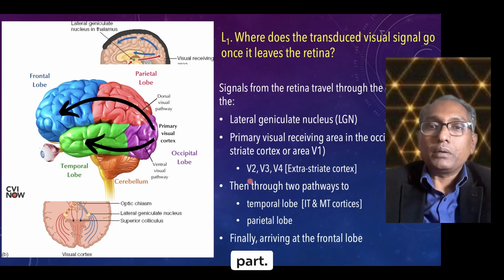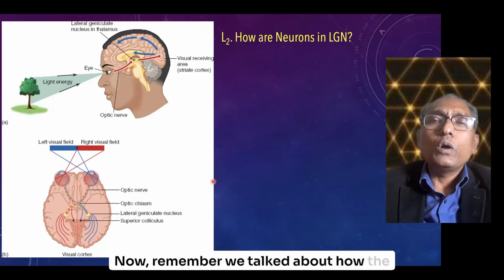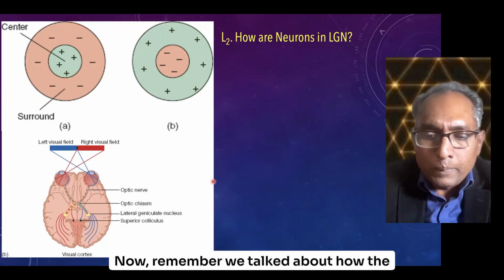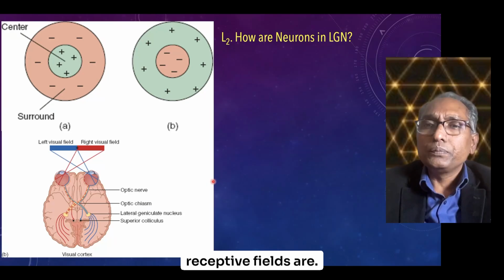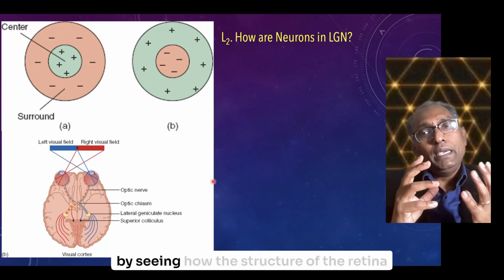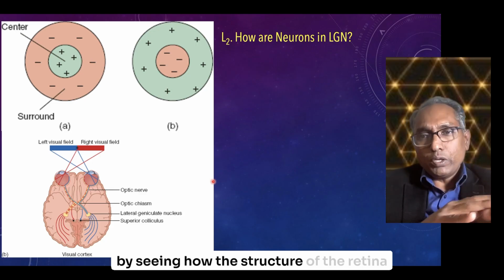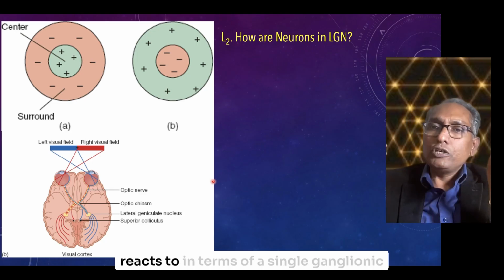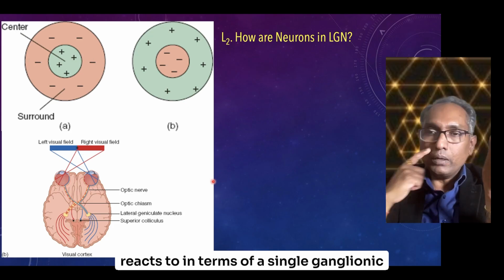Now, remember we talked about how the receptive fields work, and usually you measure the receptive field by seeing how the structure of the retina reacts in terms of a single ganglion cell.